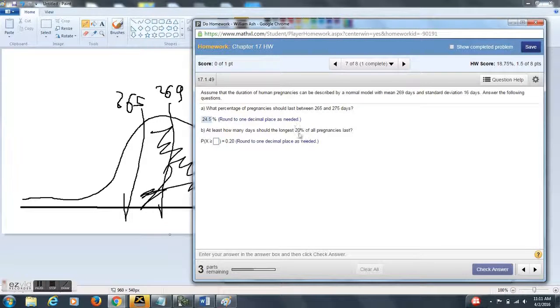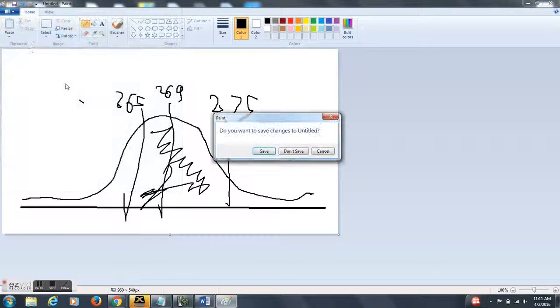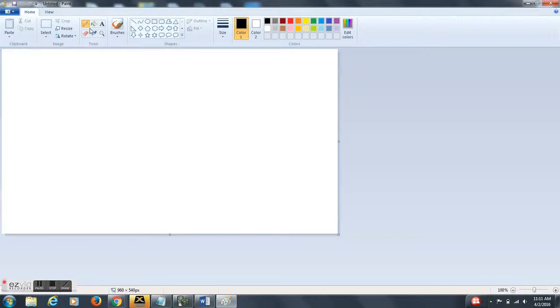All right. Now, how many days should the longest 20% last? What I'm looking for here is the data value. They gave me this percentage, so let me start over here with a new one. Let me make a little normal curve.